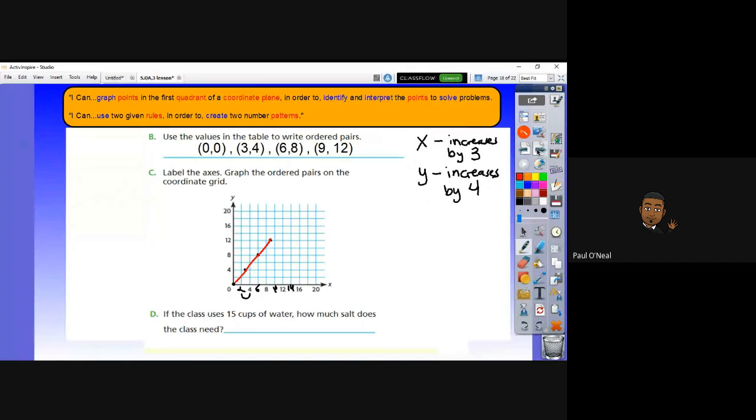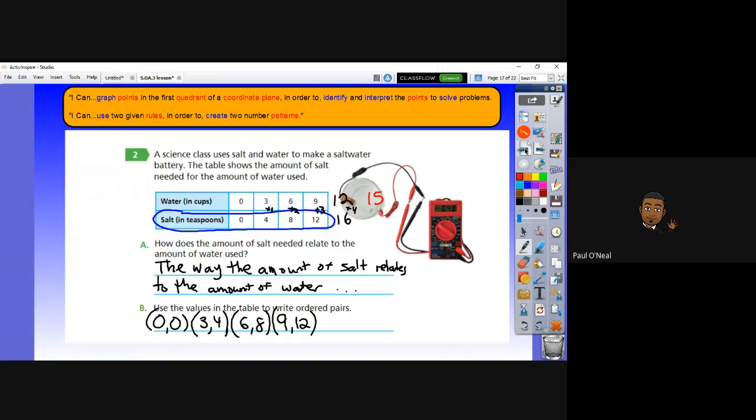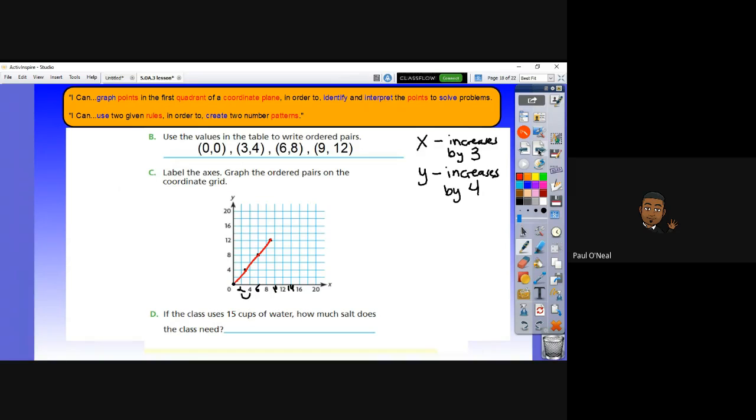So let's use the rule. X increased by 3, Y then would increase by 4. So if that's 16, then that means this is 20. So how much salt does the class need? The answer is 20, I think it was teaspoons. 20 teaspoons of salt.